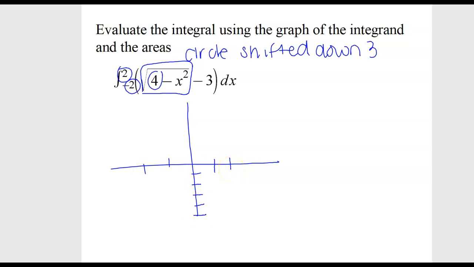That means it usually goes up from 0 to 2, and it's usually at -2 and 2. So I'm just going to imagine all of those points shifted down 3 units. So instead of being at a +2, it's going to be at 1, 2, 3. Instead of being at -2, 0, it's going to go down 1, 2, 3.